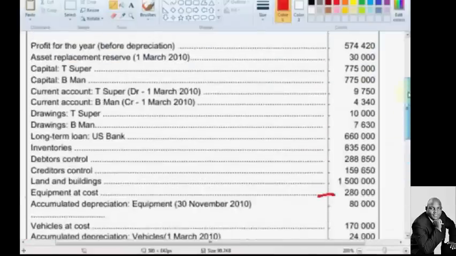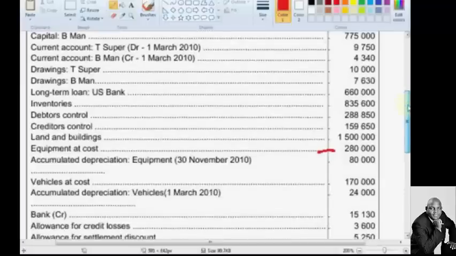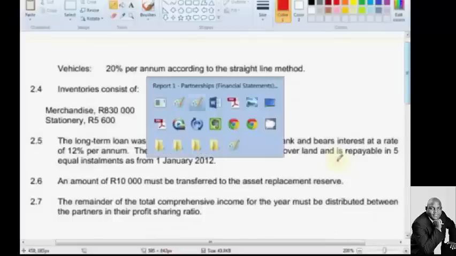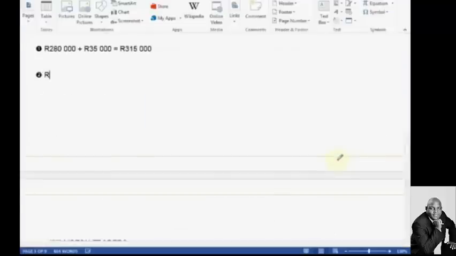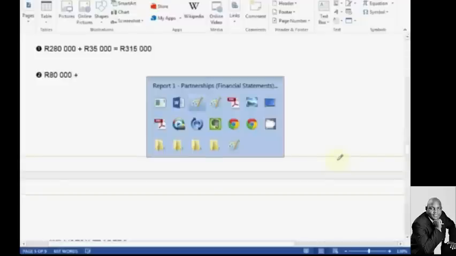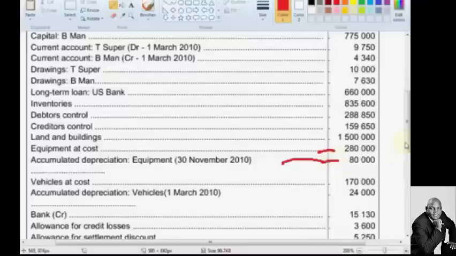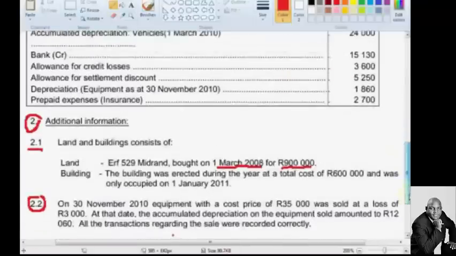Okay, for the equipment, here it is. It's 80,000, plus the equipment that was sold.